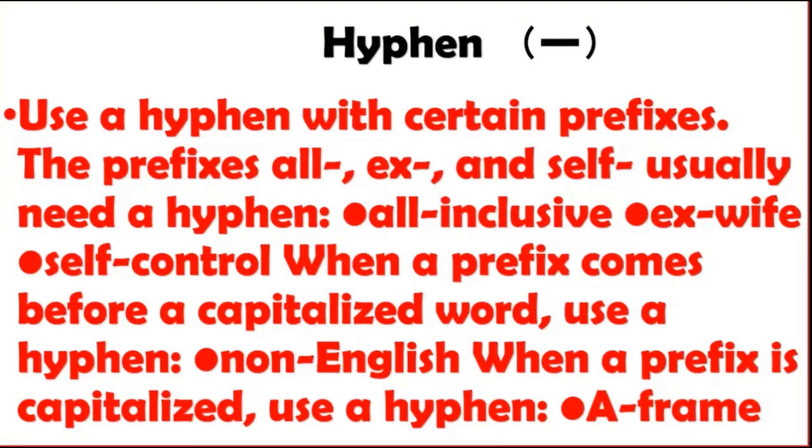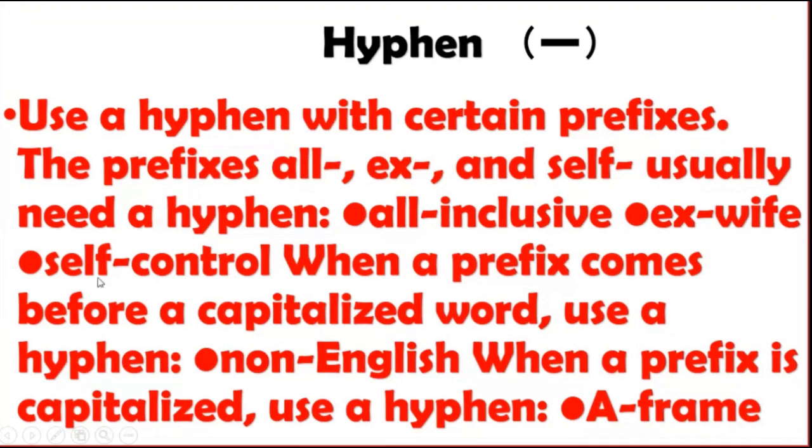Then use a hyphen with certain prefixes. Now prefix, as we know, are used before the words, that is prefix. For example, all, ex, self, etc. For example, all-inclusive, ex-wife, ex-minister, ex-principal, self-control. So you can see all is prefix, ex is prefix, self is prefix. So we can use hyphen to separate the prefix with the actual word.